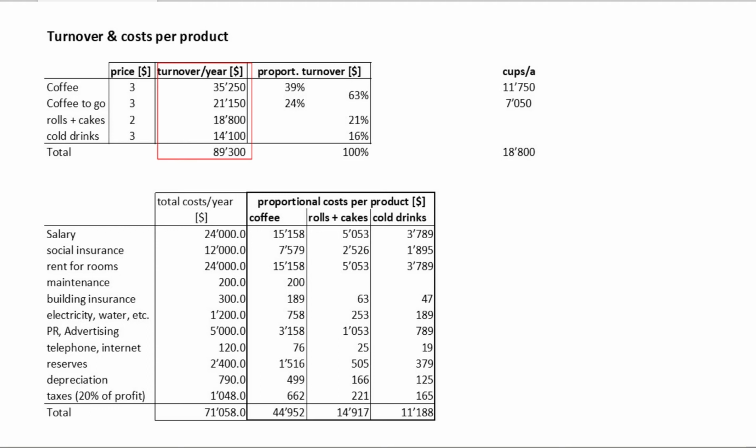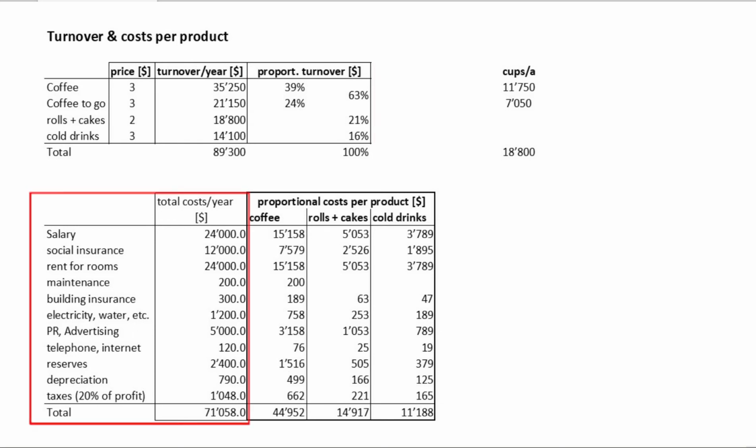With a total turnover of $89,300, I am able to calculate the proportional turnover of each product. I calculated it here. So this 35,000 is 39% of the whole turnover. And the coffee and coffee to go, I can add together. And so about 63% of all my turnover is concerning the coffee.